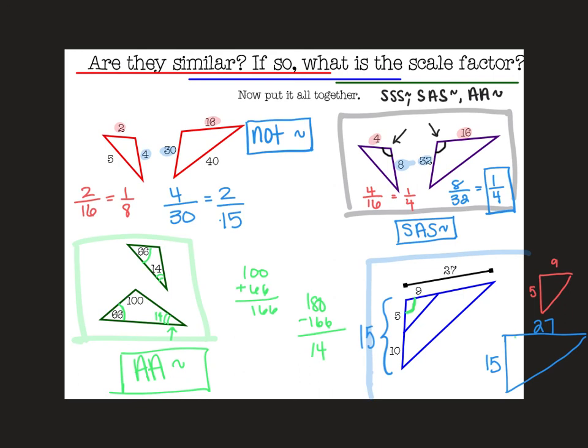So you can mark that angle. And now hopefully you can see that you're testing for side angle side and you're just comparing again. So if I put 5 over 15, I get 1/3. 9 over 27, 1/3. They're similar because side angle side, and the scale factor is 1/3.